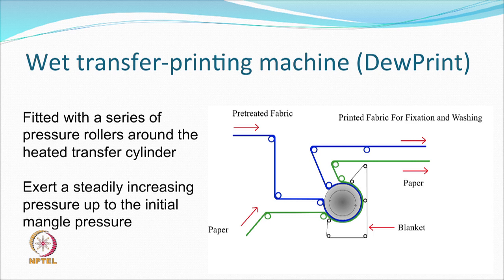So, therefore, this is a special machine, right. So, exerting a steadily increasing pressure up to the stage which was equal to the pressure of a padding mangle, because there is a pre-treated fabric. So, whatever you wanted to add to the fabric, you do a padding treatment.